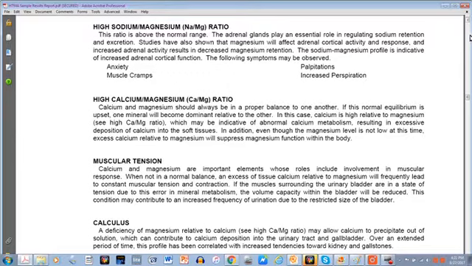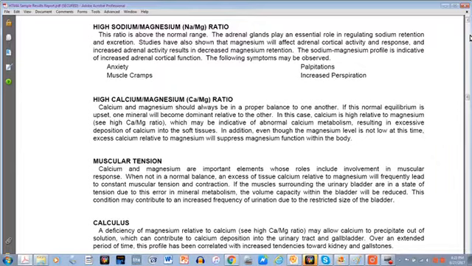The sodium-magnesium profile is indicative of increased adrenal cortical function. The following symptoms may be observed: anxiety, muscle cramps, palpitations, and increased perspiration.